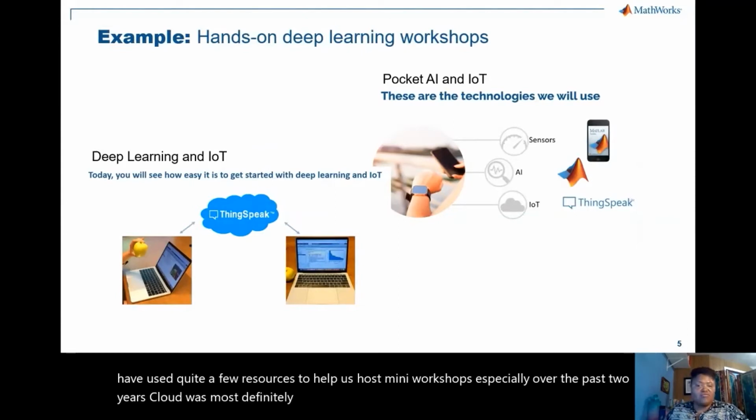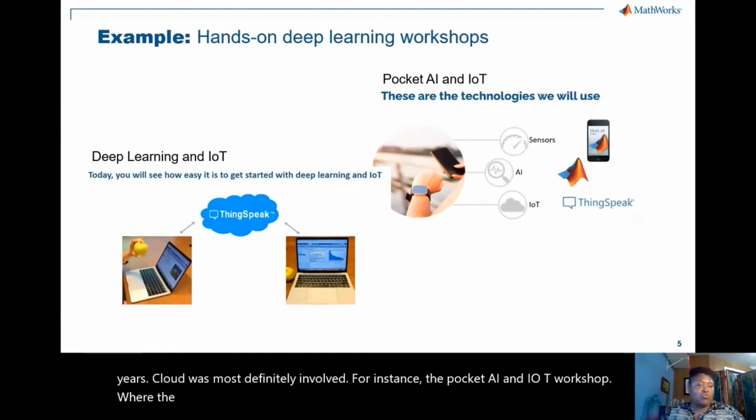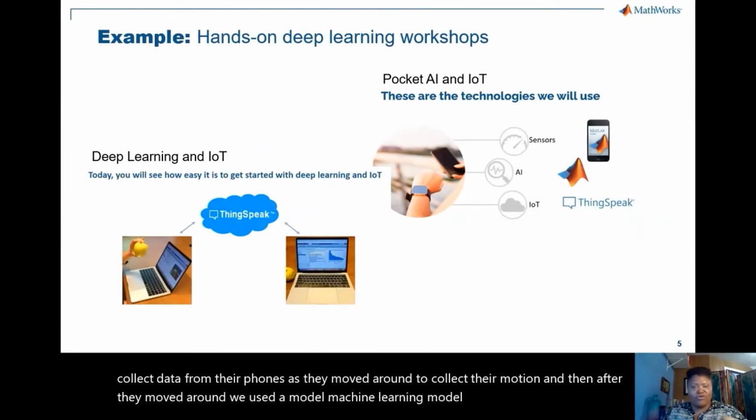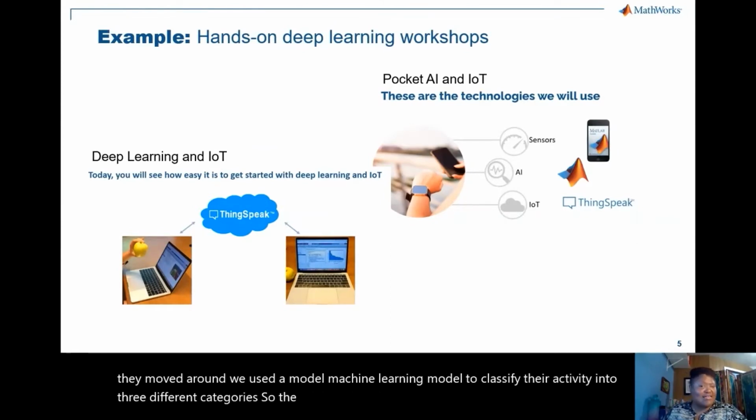For instance, the Pocket AI and IoT workshop, where the workshop participants were in different physical locations, but they were able to collect data from their phones as they moved around to collect their motion. And then after they moved around, we used a machine learning model to classify their activity into 3 different categories. The categories were walking, running, or laying down.